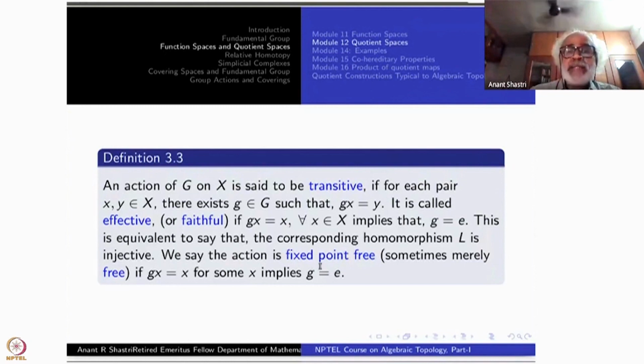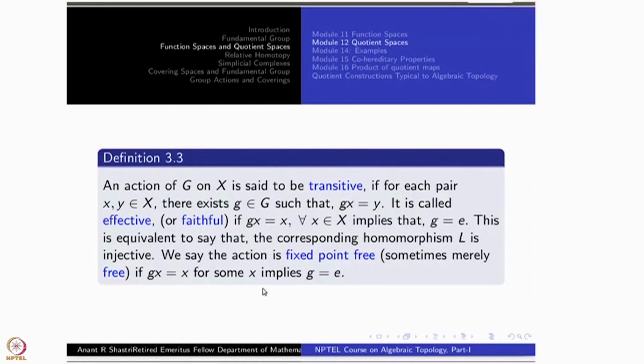We say the action is fixed point free, sometimes merely just free action, whenever gx is x for some x implies g is identity. So this is very, very strong in the sense that if you have a non-trivial element, then it will not fix any element. All the members are moved.